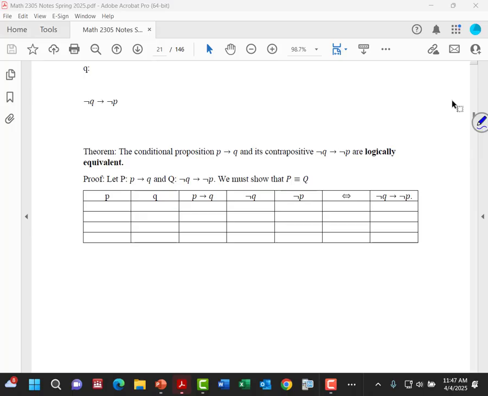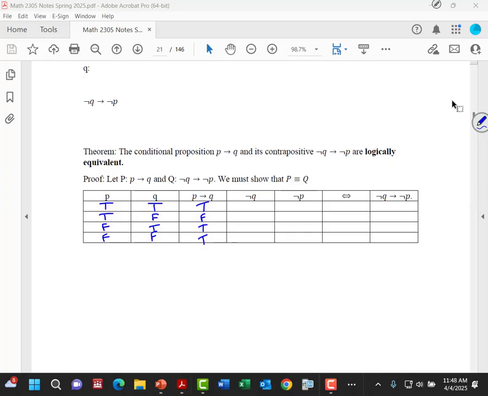So P could be true, true, true, false, or false, true, false, false. So P implies Q. This would be true, false, true, true.